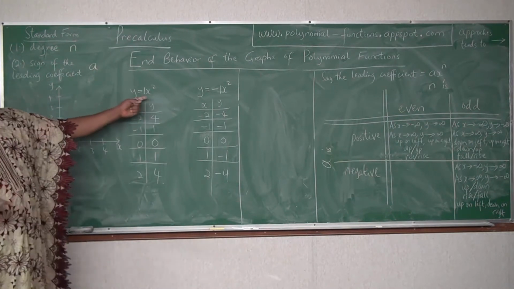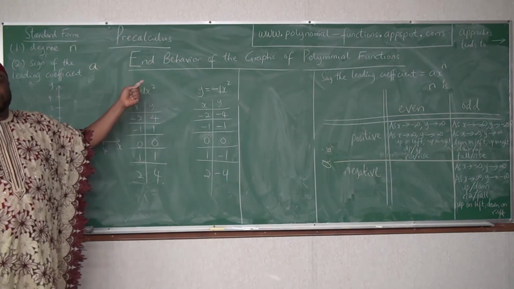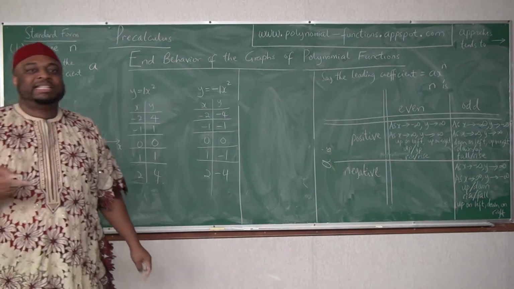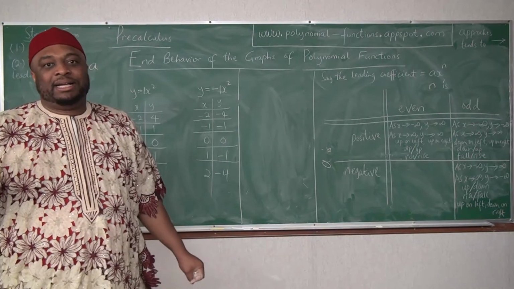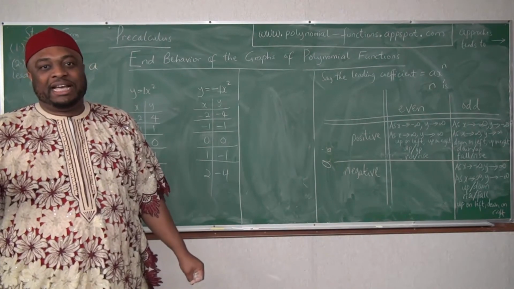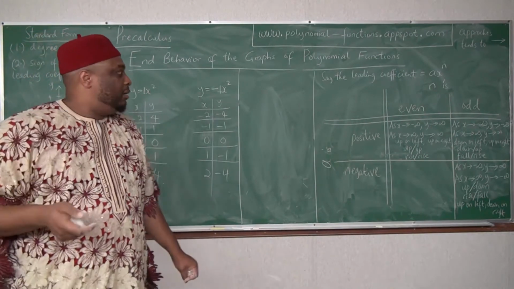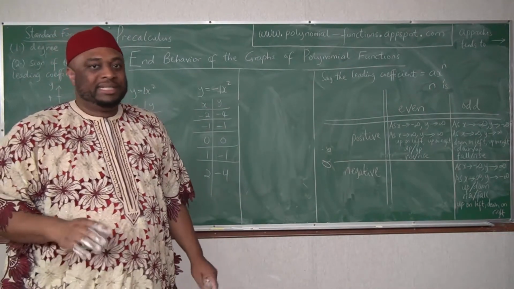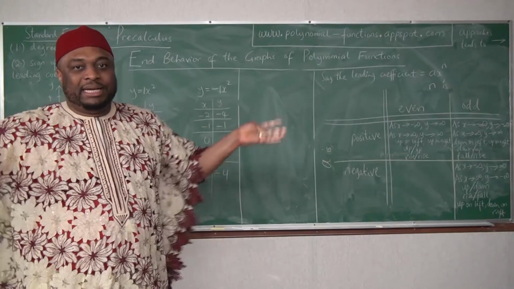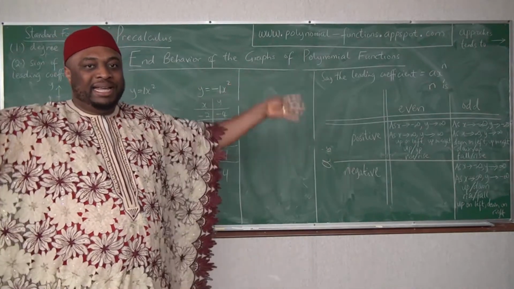And this applies to x squared, x to the 4th, quartic, x to the 6th, hexic, x to the 8th, octic, x to the 10th. For even, it all follows the same behavior. Like I said, this is the behavior at the ends of the graph.